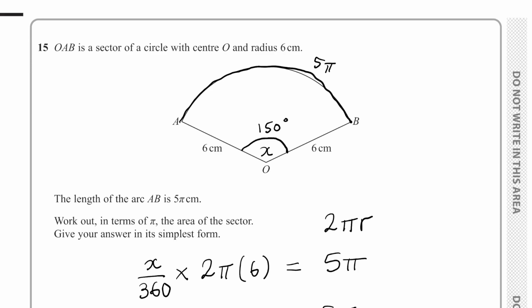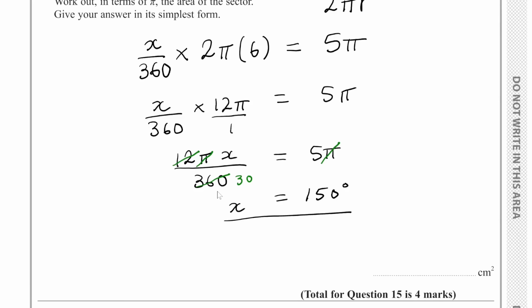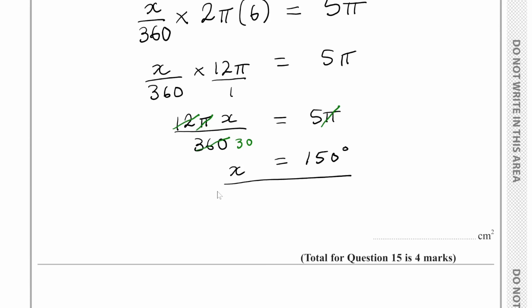The question says, work out the area of a sector. So the area of a sector, it's a fraction of the area of a circle. This time we know what fraction we've got. 150 360ths of, which means times, the area of the whole circle, which is pi times the radius squared.